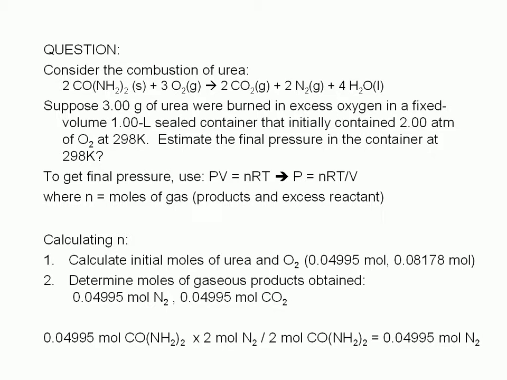We start with moles of urea, then multiply it by the mole-to-mole ratio of nitrogen to urea. The balanced equation tells us that 2 moles of nitrogen are produced for every 2 moles of urea consumed. This calculation gives us 0.04995 moles of nitrogen.